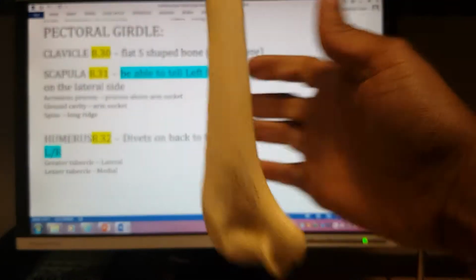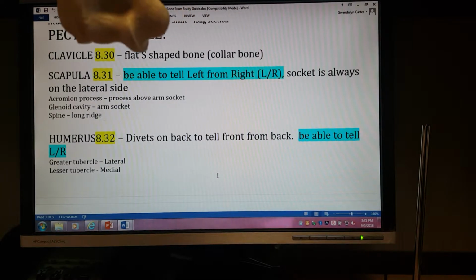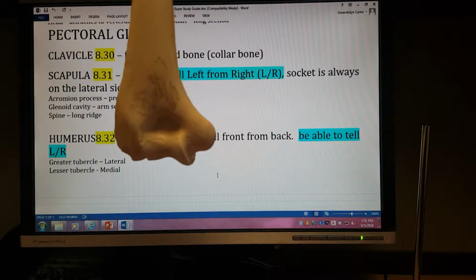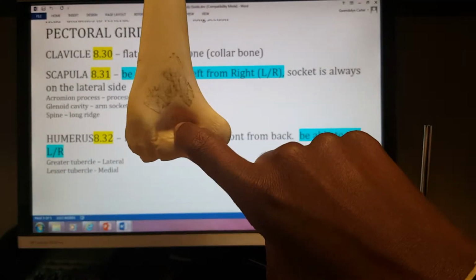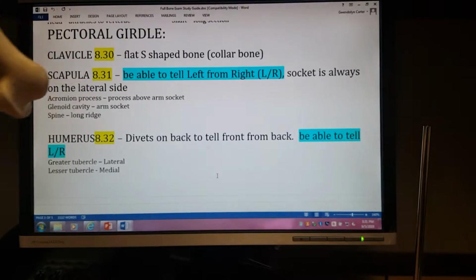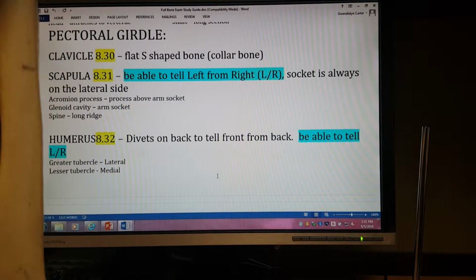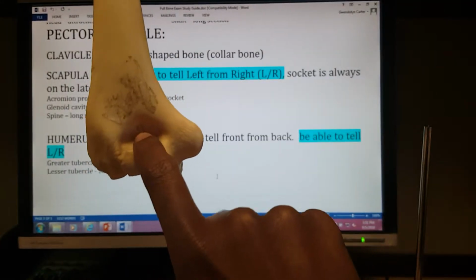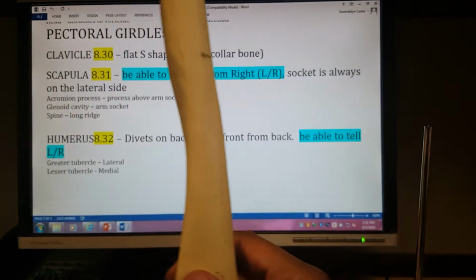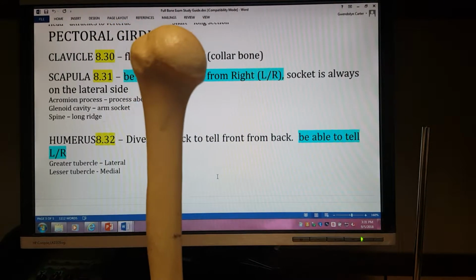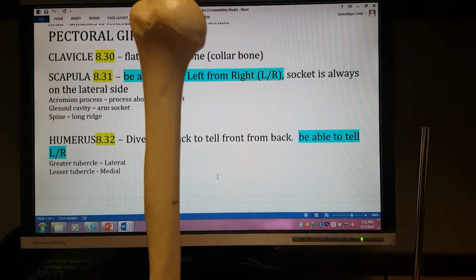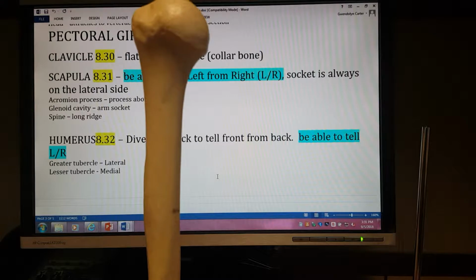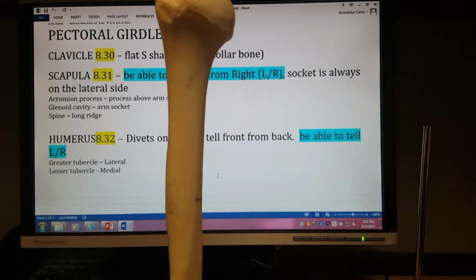The way to do that is look at the more inferior part of your humerus. There's this very large divot in the back of it. That's where your next bone that we'll talk about fits to make a joint. This one major divot goes to the back. And then your head is going to fit into the socket on the scapula.